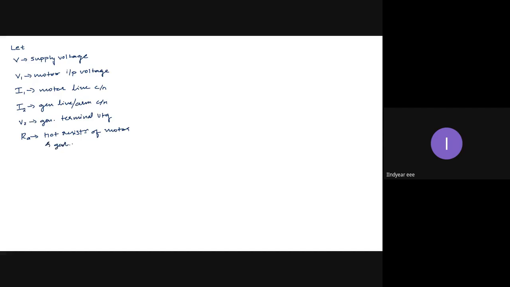Again, we assume both machines are identical. Okay, we assume here both machines are identical.